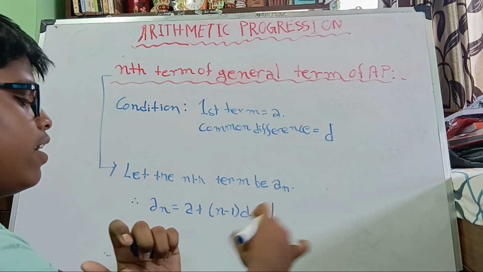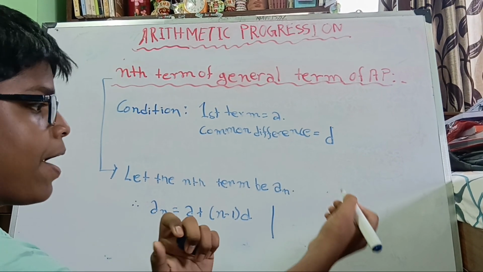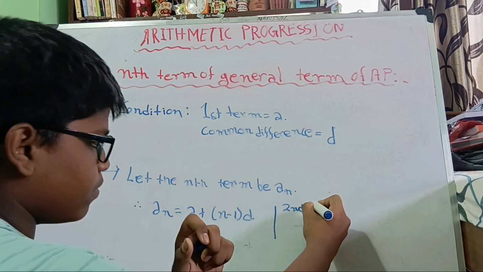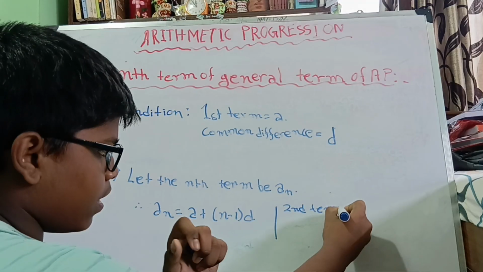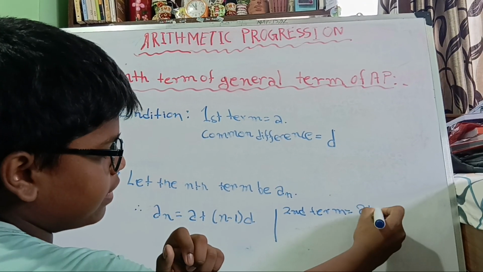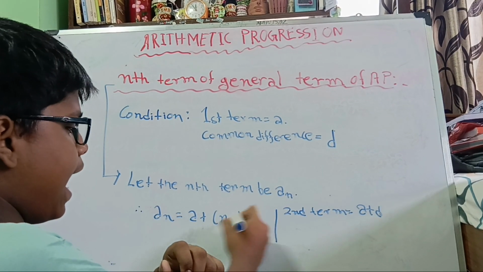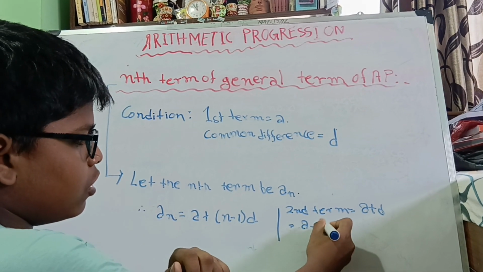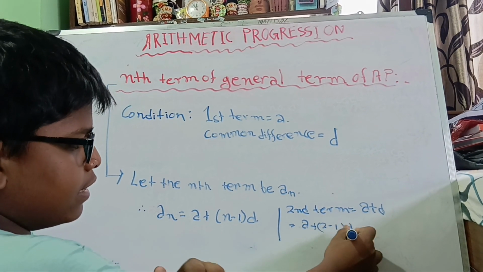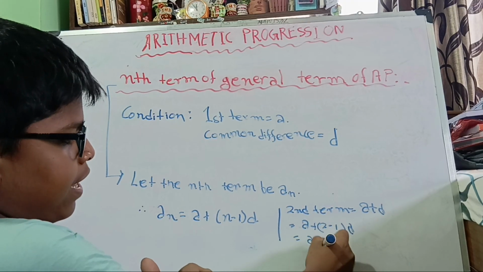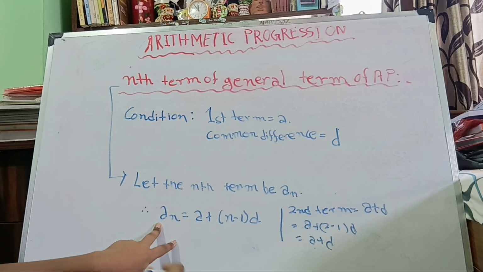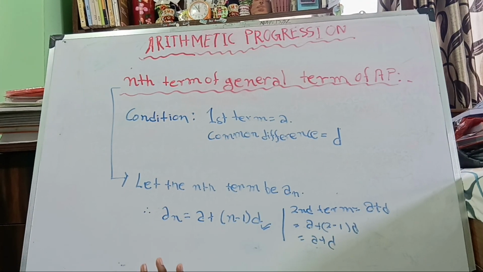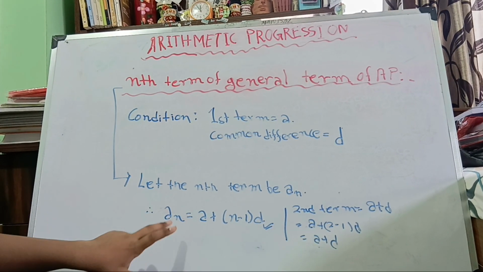You have seen the pattern that the second term is equal to a plus d. If we put n equal to 2, this gives a plus 2 minus 1 times d, therefore a plus d. So this equation is correct.